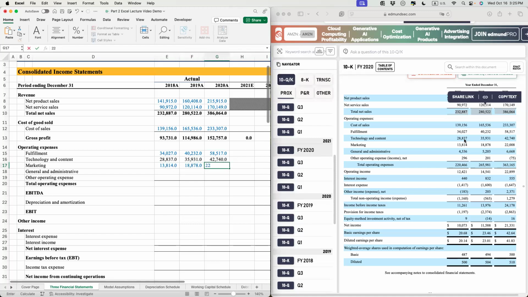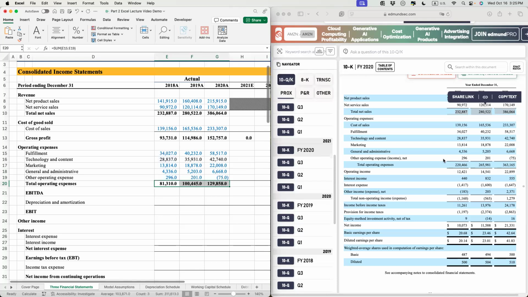We have general and administrative. We have other operating. Okay, and then we can just take a sum of all the operating expenses.